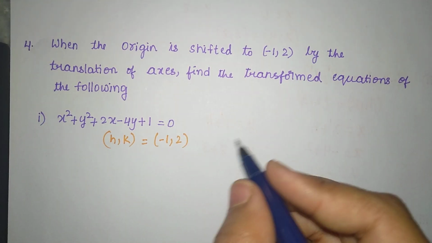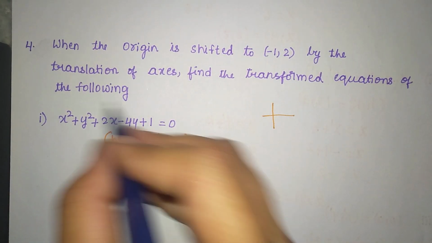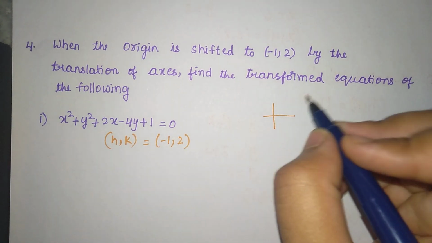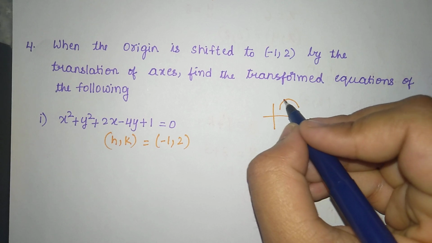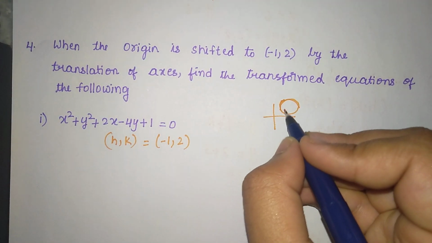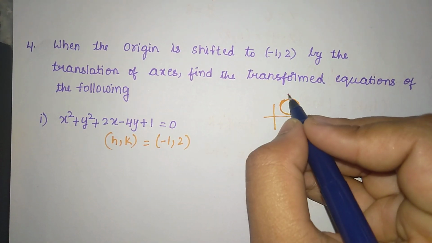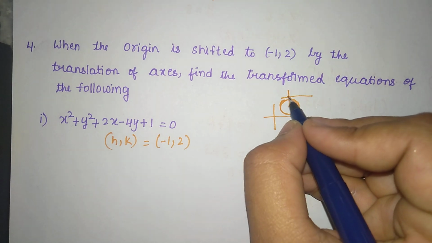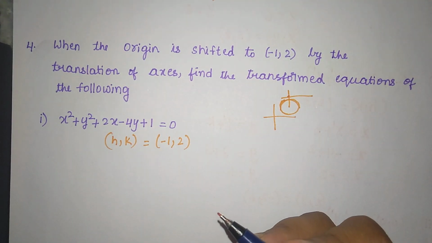So according to the old axis, this is the equation of some curve, or this is some circle. According to the old axis, this is the equation of this circle. But whenever the origin is shifted to some point, what will be the transformed equation of this curve?